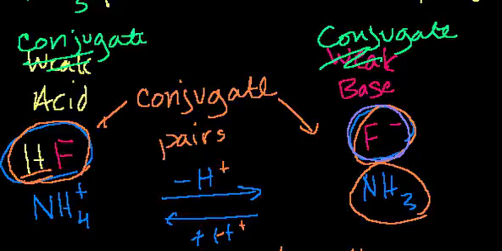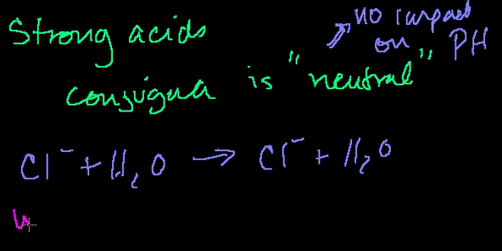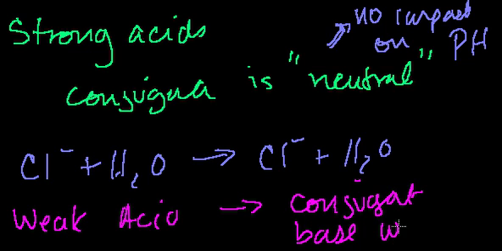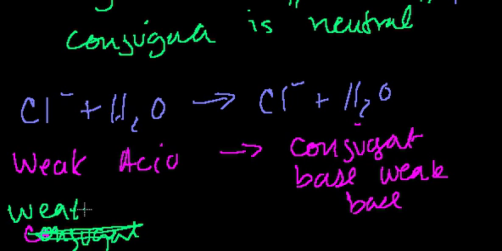So whenever you have a weak acid, its conjugate base will be a weak base. And you could make this statement the other way around. If you have a conjugate base, a weak base, its conjugate acid is going to be a weak acid.